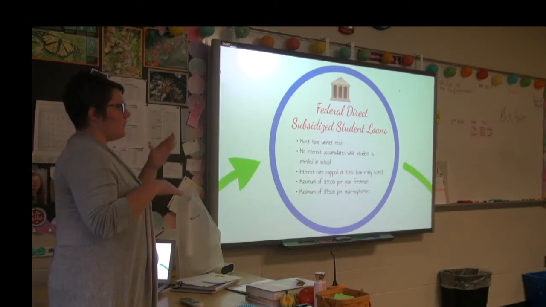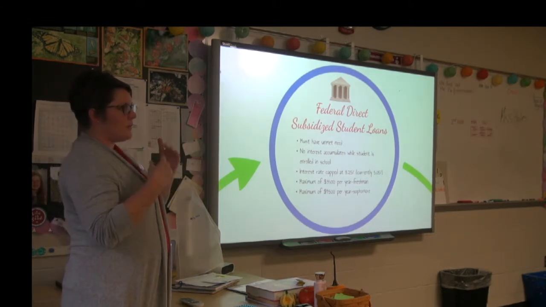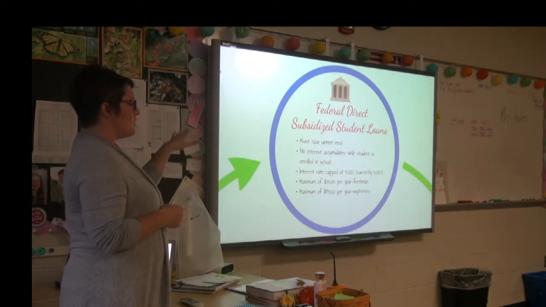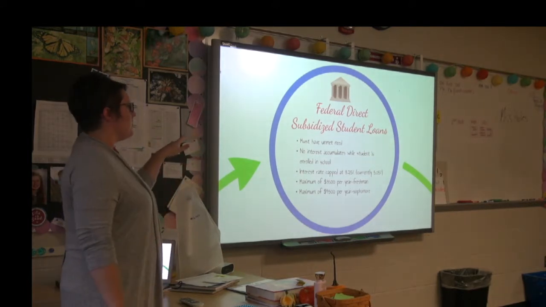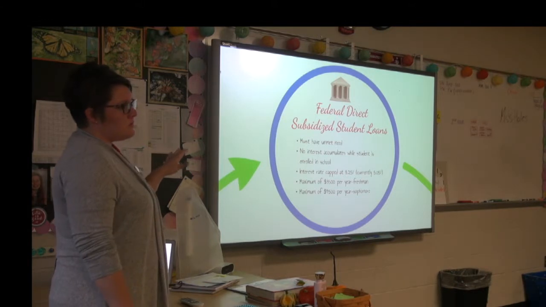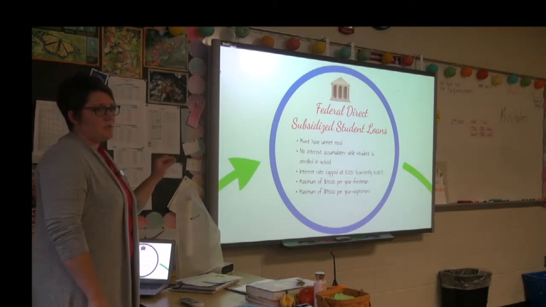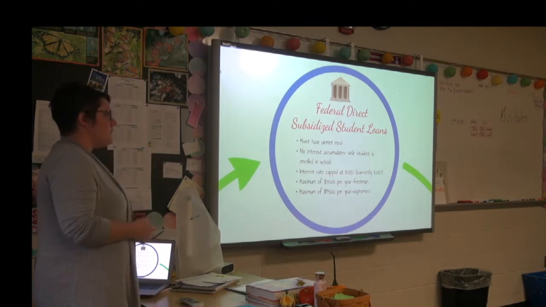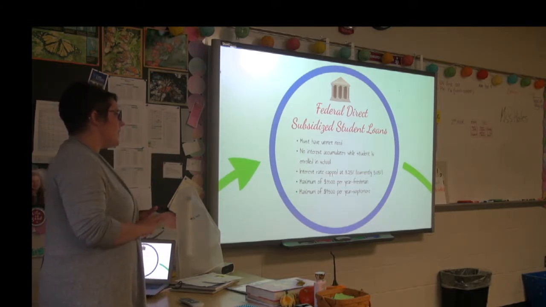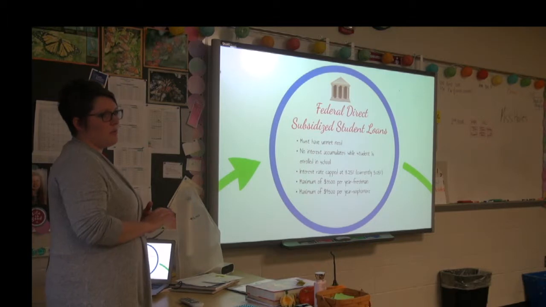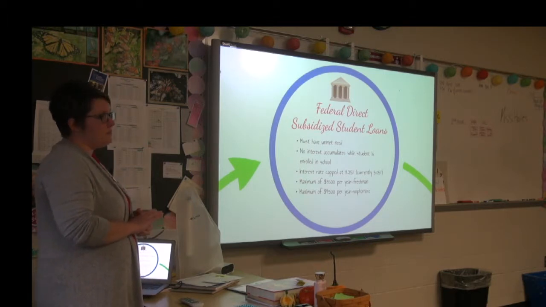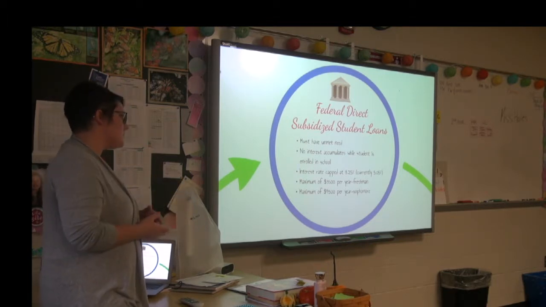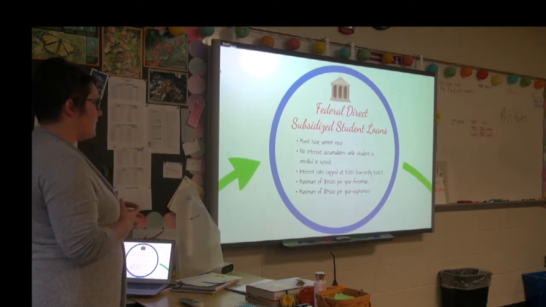You have to have unmet need that hasn't been filled by other types of aid in order to be eligible for a subsidized loan. No interest accumulates on subsidized loans while the student is in school. The interest rate currently is 5.05%. It's capped at 8.25. They reevaluate interest rates every year, so I don't know what it's going to be next year. It did go up a little bit from last year to this year.